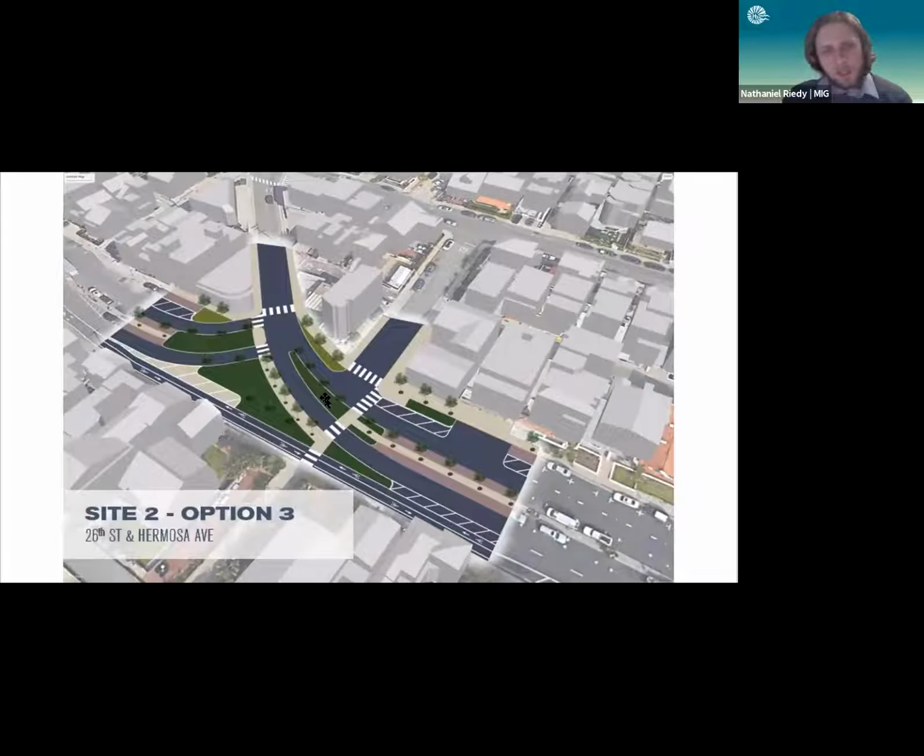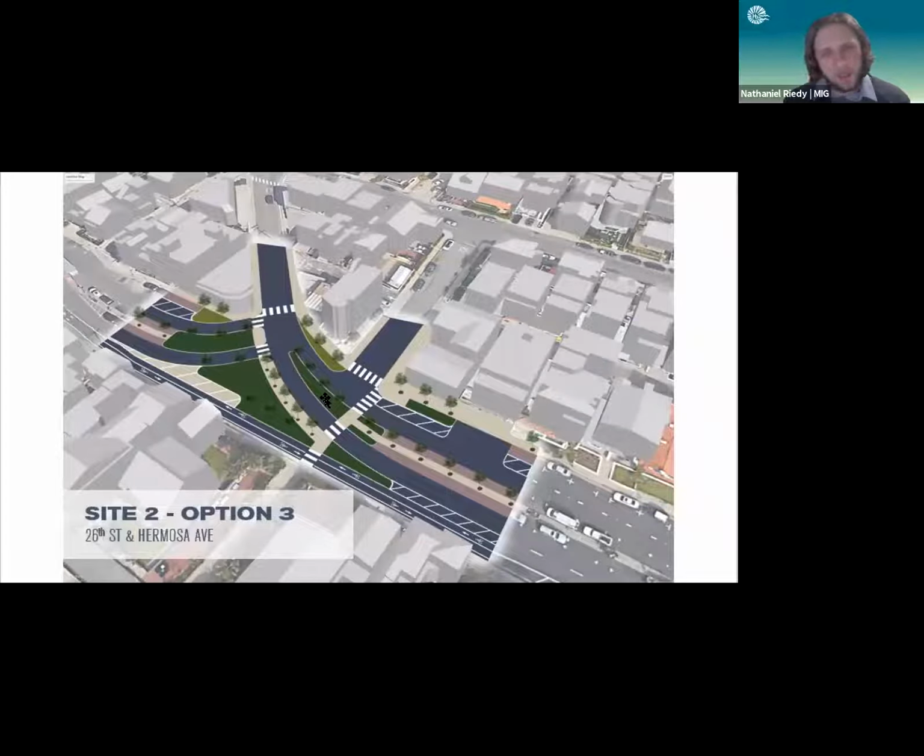Sure. And this third option really emphasizes the connection from the south side of Hermosa to Greenwich, which is the main thoroughfare. And then Hermosa from the north tees into it.